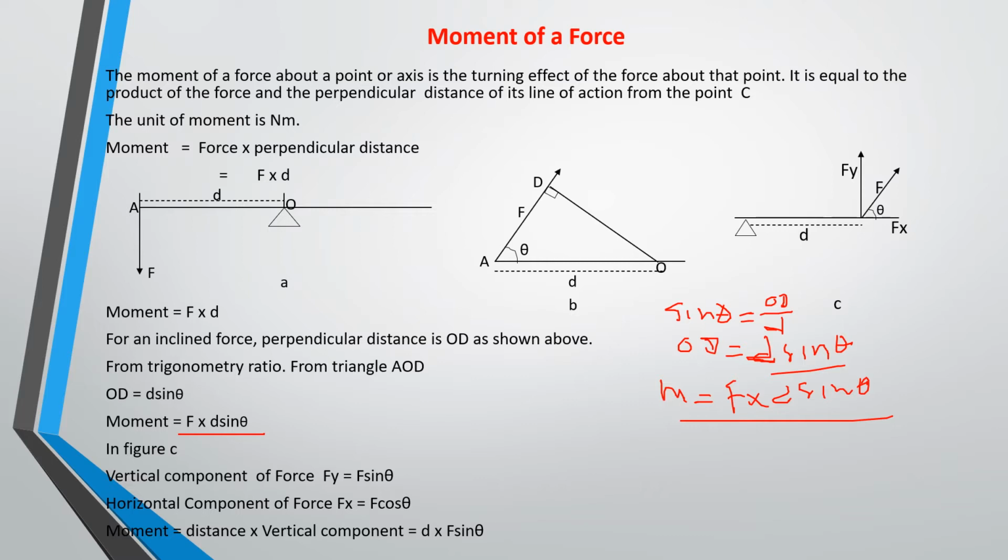We treated all this in some topics before. But what is important to us here is F sine theta, because this is the force that will cause the body to rotate.